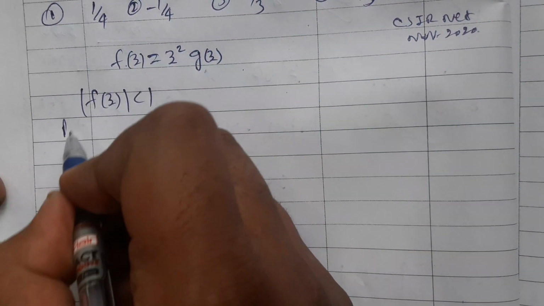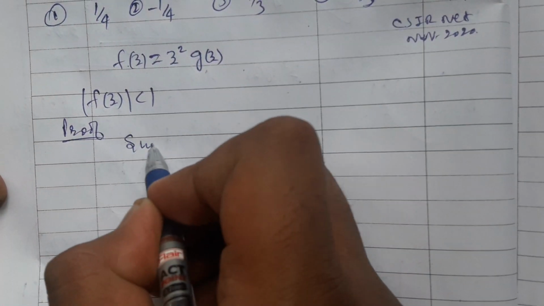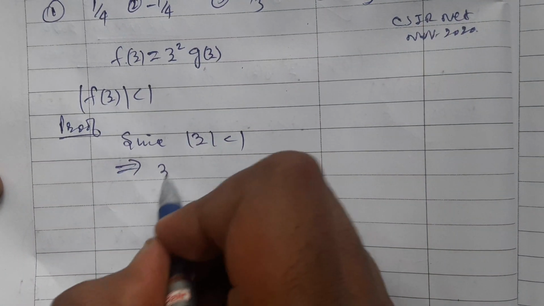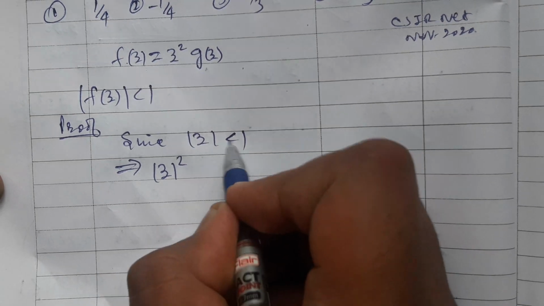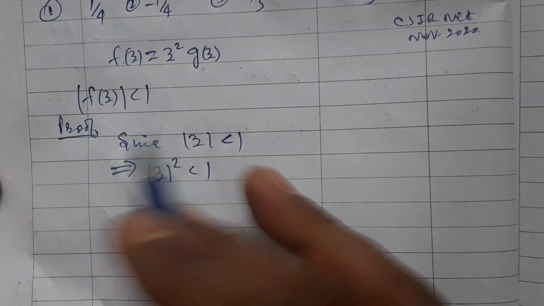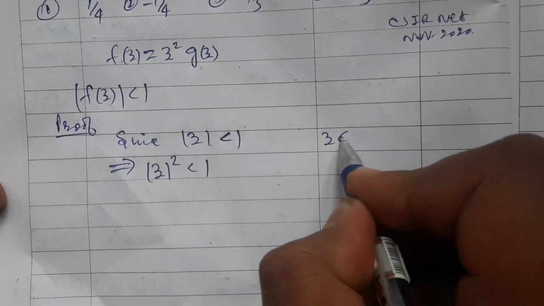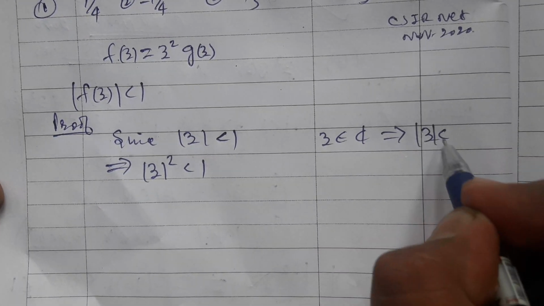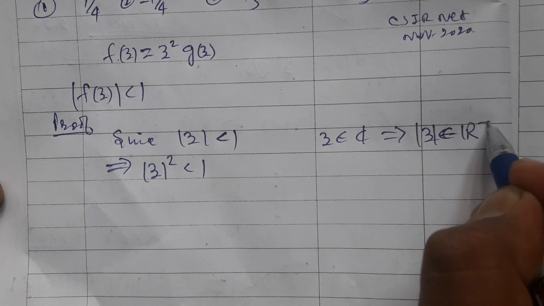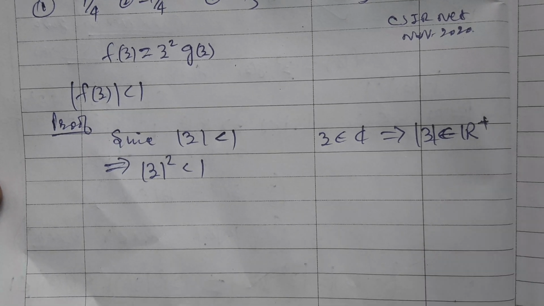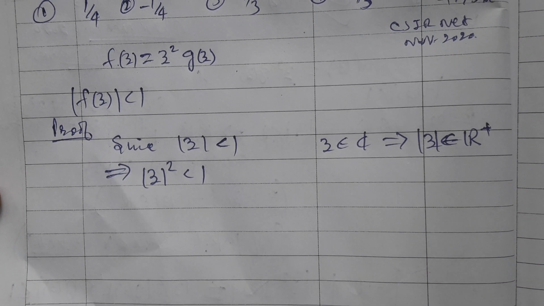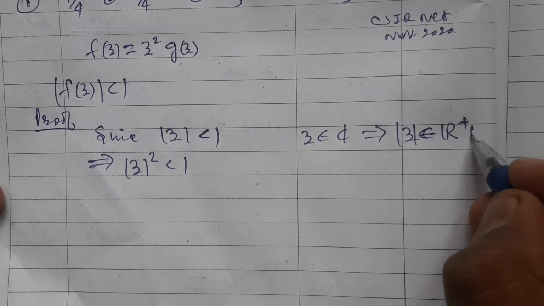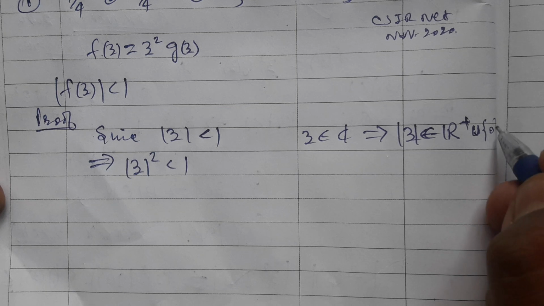Proof. Since the modulus of z is less than 1, the square of that value, which is less than 1, remains less than 1, since the modulus of any complex number is a non-negative real number, either positive or 0, because the modulus of 0 is 0.